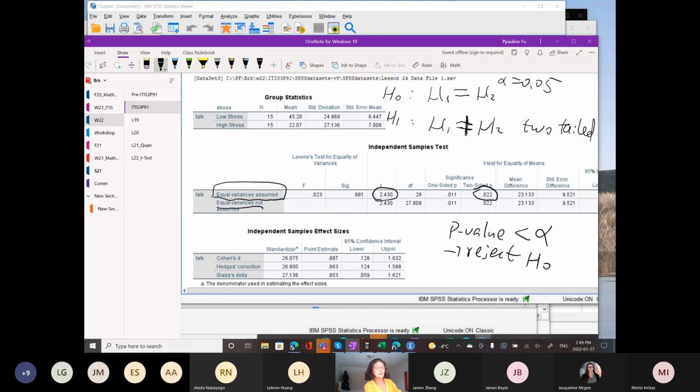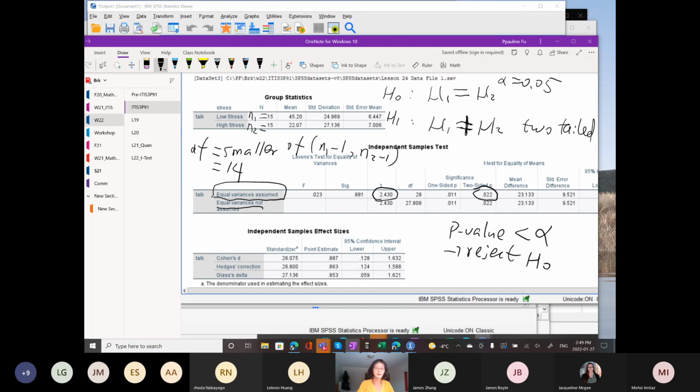So the degree of freedom for this one, we are going to use, this is N1, less stress students, we have 15. High stress students, we have 15. So the degree of freedom, by definition, we use the smaller of N1 minus 1, N2 minus 1. So it is 14. We use 14 as the degree of freedom.